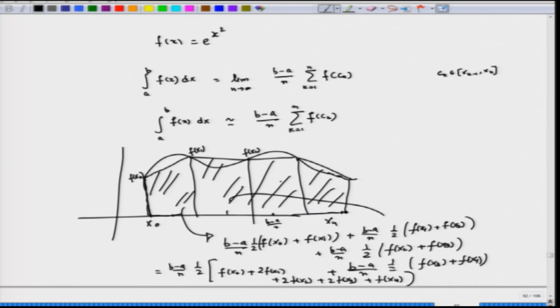In general, this is what we call the trapezoidal rule.